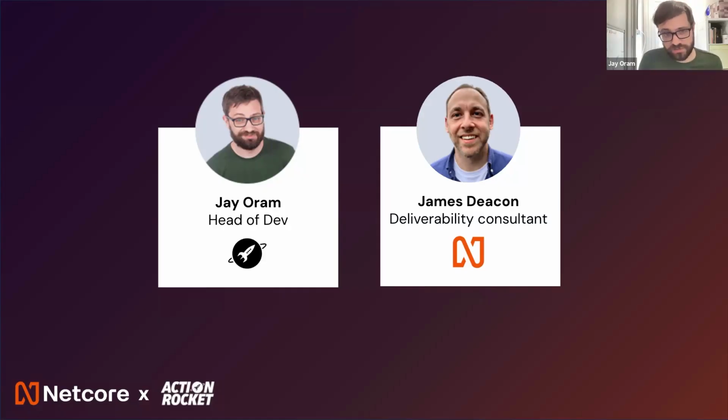Cool. So hi, I'm Jay. I'm head of dev at the agency Action Rocket. We cover everything from CRM, and I'm quite lucky: I basically get to be an email nerd all day, every day. I get to play with the code, figure out problems, and sort out solutions. I've been in email for almost 10 years as well. Before that, I was in digital marketing for multinational companies.